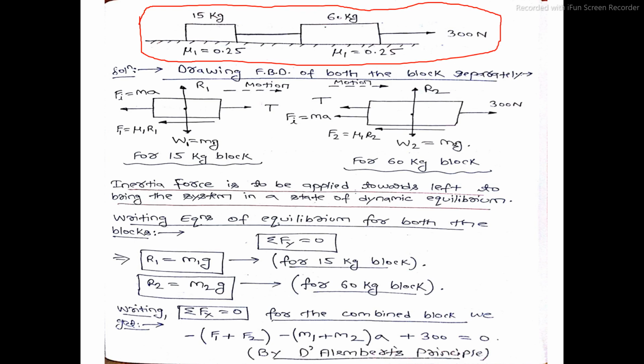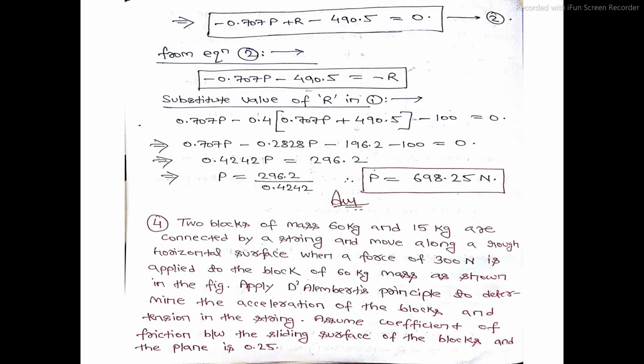Again I read the question for you. Two blocks of mass 60 kg and 15 kg are connected by a string and move along a rough horizontal surface.